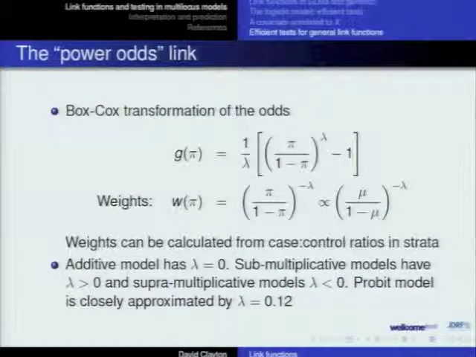The nice thing about it is that this essentially embeds both models in the same family: lambda equals naught takes you to a logistic regression model, lambda equals 1 takes you to an additive model, and then you get all the lambdas in between, and potentially lambdas outside that range as well. The probit model corresponds with a lambda of about 0.12, so that's towards the additive model, away from the multiplicative model, but perhaps only a little way.